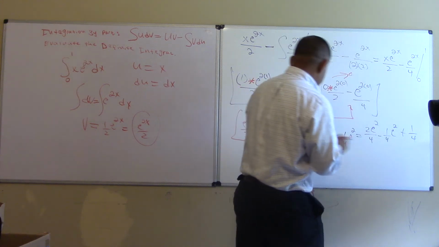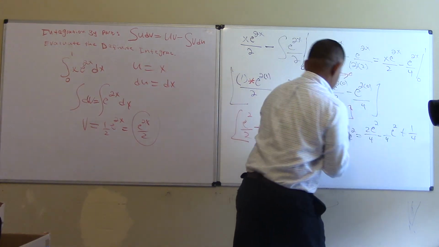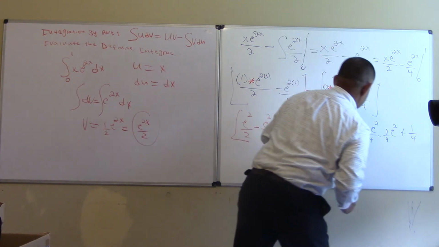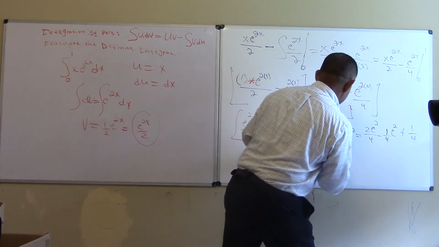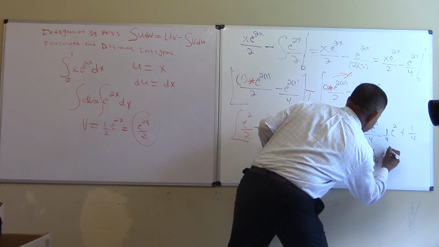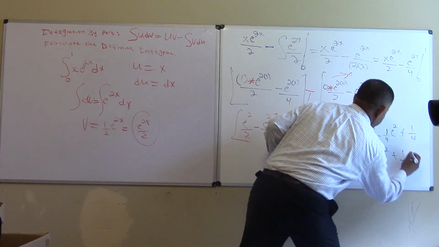So it's going to be simply 1/4 e to the second power plus 1/4.